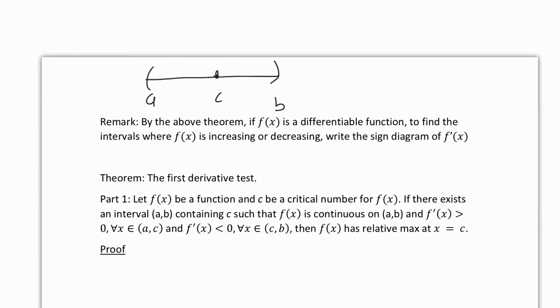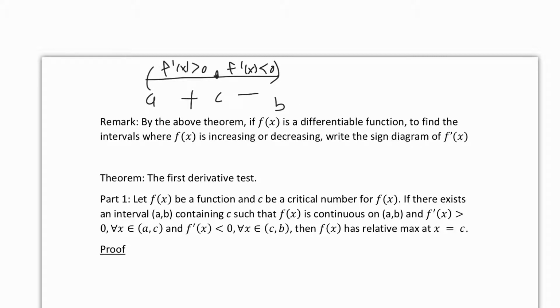So that means the derivative is positive over here. Now on the other side of the interval, from c to b on the right-hand side, we know the derivative is less than 0. So here, f prime of x is less than 0. Really, here it's positive, and here it's negative.